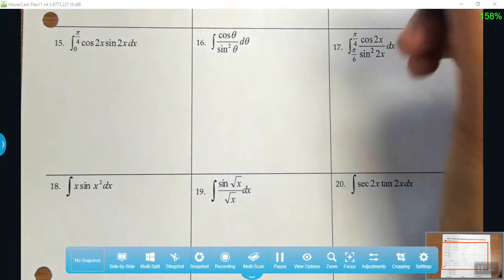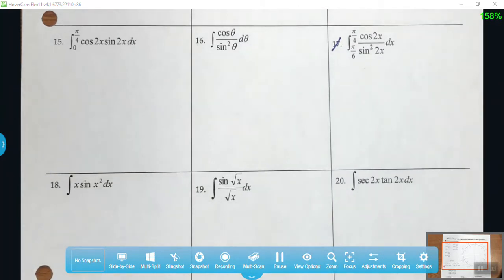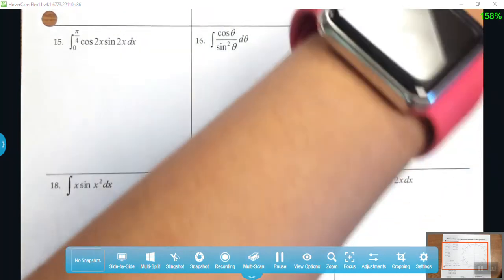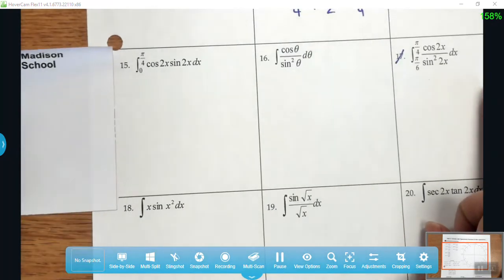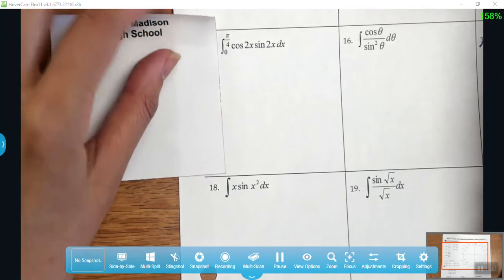Okay, 15 and 16 will do. We'll skip 17, and then you're going to do 18, 19, and 20. Ideas for 15. There's actually 2 ways to do it, so I'm going to put this on here. One of the identities. Somebody wants to use an identity.